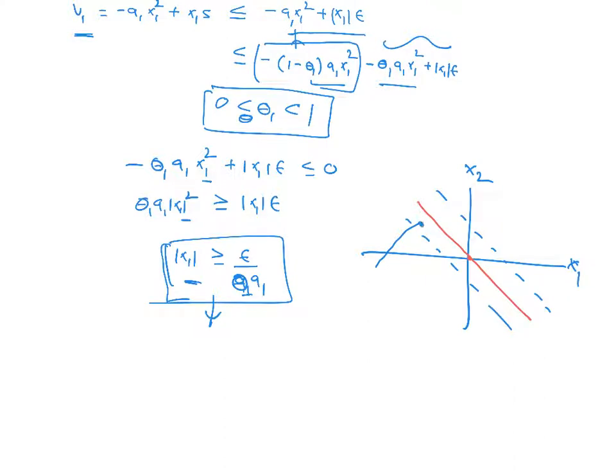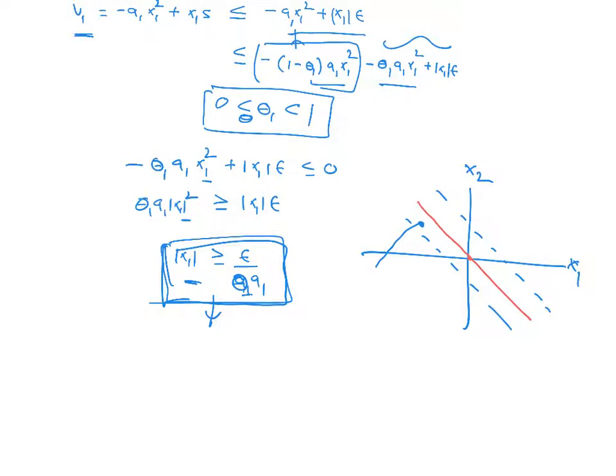When we reach here, we know that v1 dot is negative definite as long as this is true, right? So if you want to draw this boundary, let's use green color here.